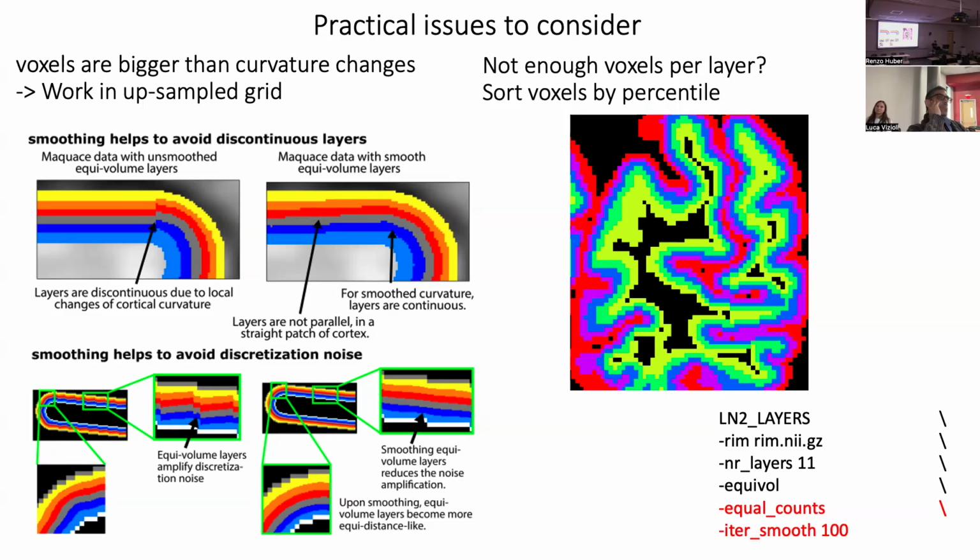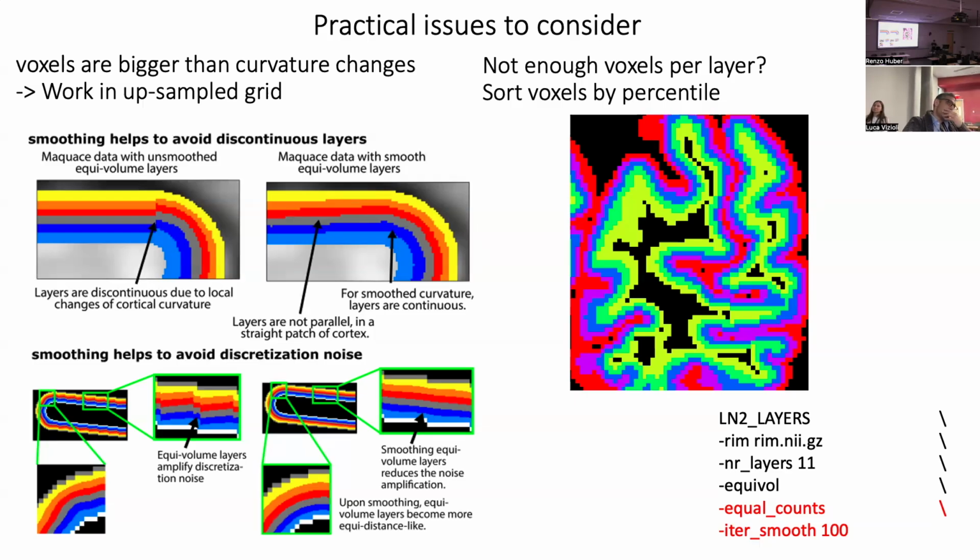Other things that I sometimes see in the literature that I want to mention: since the layers are not estimated on surfaces here, we have a restrictive or limited spatial precision of our borderlines. Therefore it is advised that you do the layerification on a finer spatial grid than the native resolution, aka upsampling.